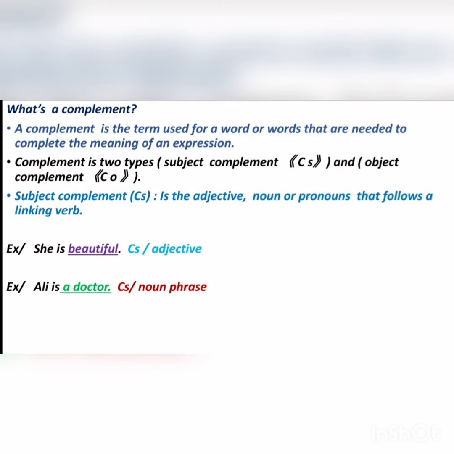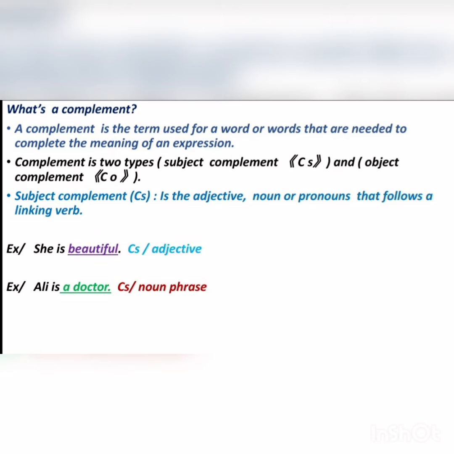A subject complement is the adjective, noun or pronoun that follows a linking verb. So the subject complement is either an adjective, or a noun or noun phrase, or a pronoun that follows a linking verb. We must have a linking verb.